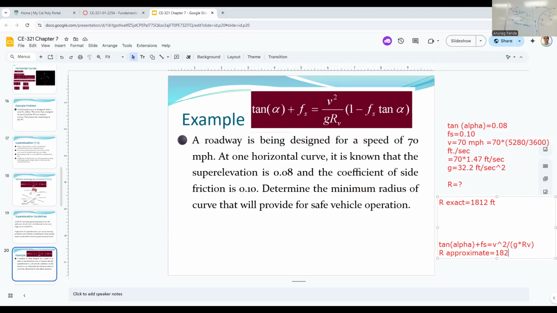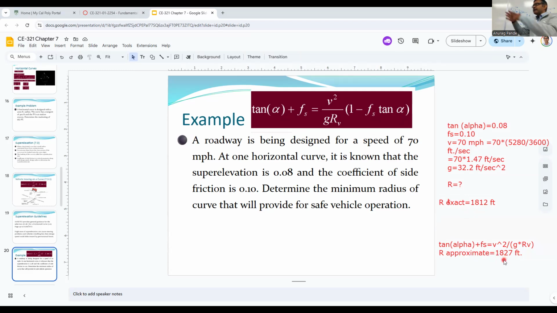Not that different, but one thing about these is that I got the R exact value if I apply the full equation that I showed you in the slide. If you apply the full equation, you get the answer to be 1,812 feet. But if you ignore this part, Fs tan alpha, you get pretty close answers.